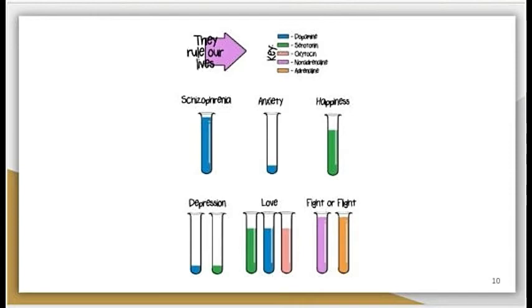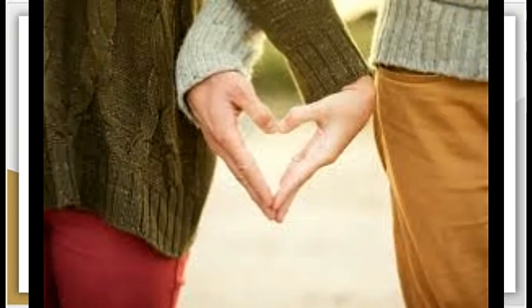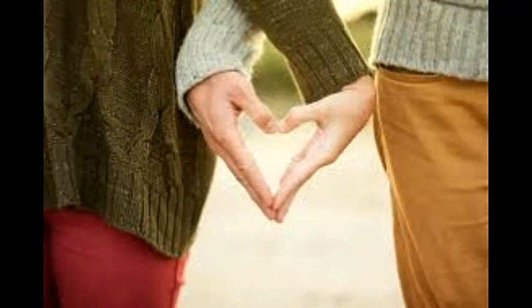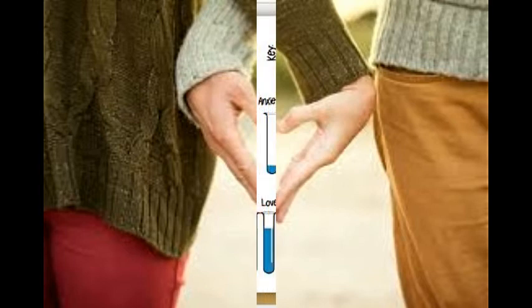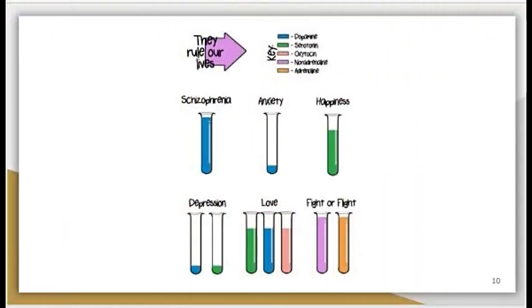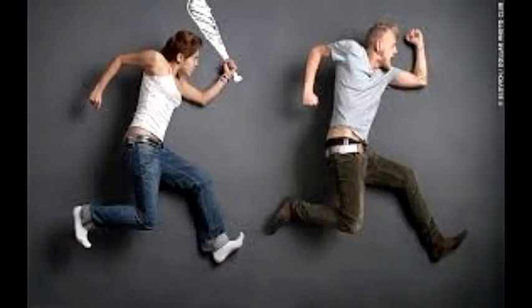When a person experiences love and connection, there is adequate amounts of dopamine, as well as serotonin, as well as oxytocin. So there is happiness, there's well-being, and there's connection, and that is ultimately what the feeling of love is all about. Fight or flight, when there is danger, when there is risk, is a combination of noradrenaline and adrenaline.